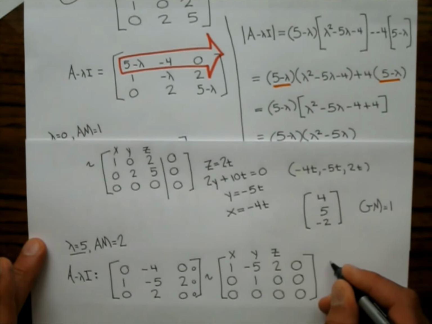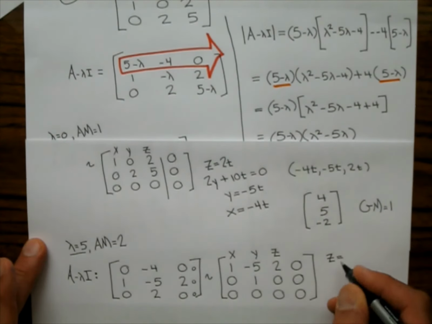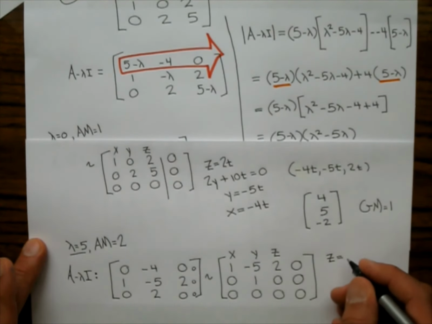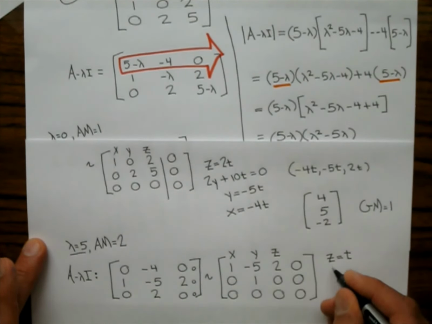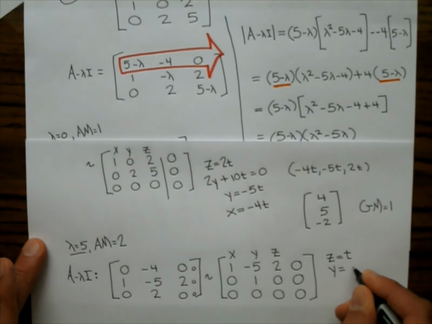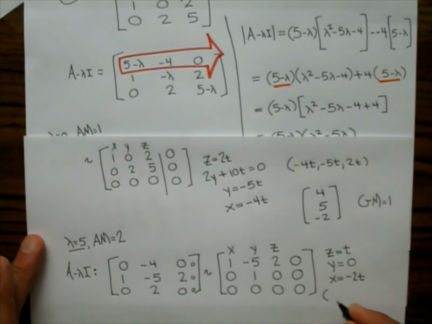We have z equals t, and y equals 0, and x equals negative 2t. So it looks like this is going to be negative 2t, 0, t.